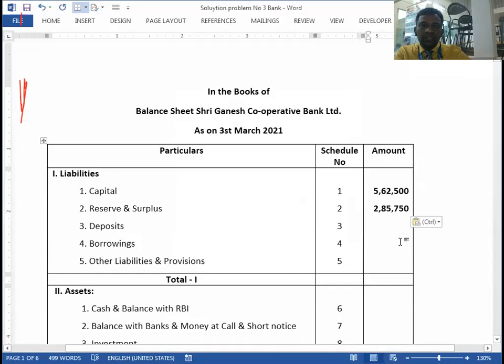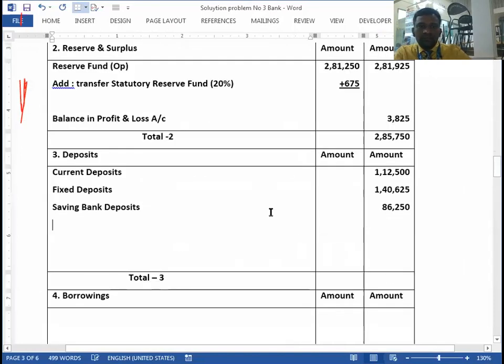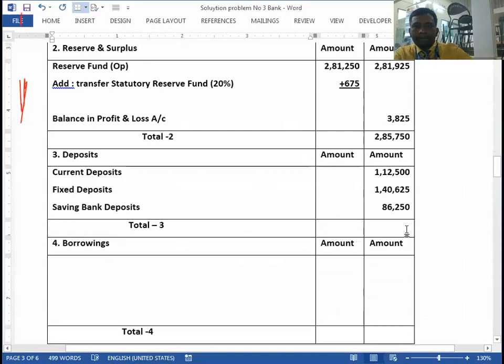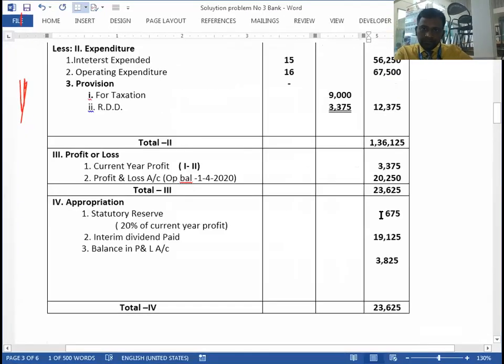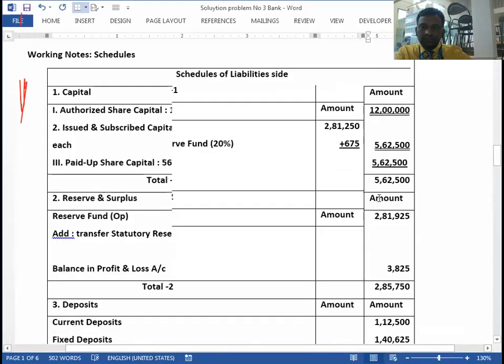Then schedule number 3, deposits. What is the total of deposits? 3,39,375. Then schedule number 4, nil.